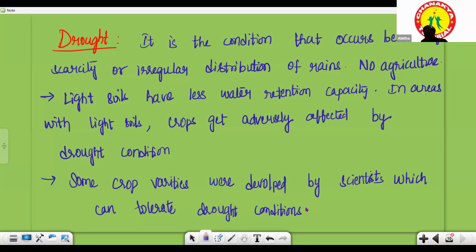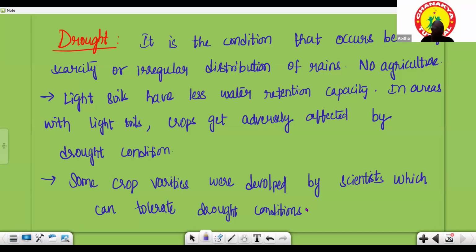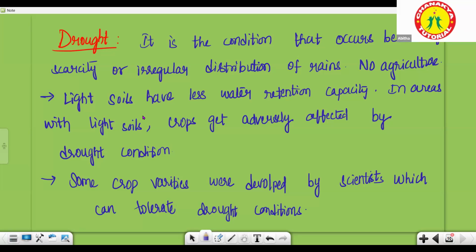Soils have less water retention capacity in areas with light soils, right? So crops get adversely affected by drought condition.